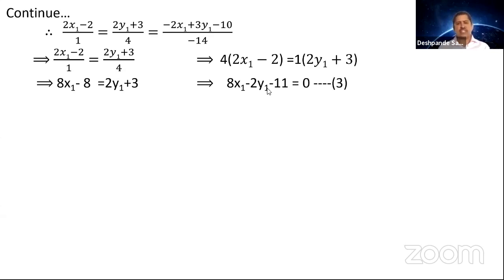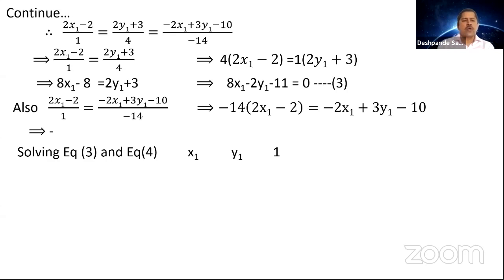Now we take the second equation, another pair: (2x1 minus 2) divided by 1 is equal to (minus 2x1 plus 3y1 minus 10) divided by minus 14. Cross multiply: minus 14 into (2x1 minus 2) is equal to 1 into (minus 2x1 plus 3y1 minus 10). Minus 14 into 2x1 is minus 28x1, and minus 14 into minus 2 is plus 28.